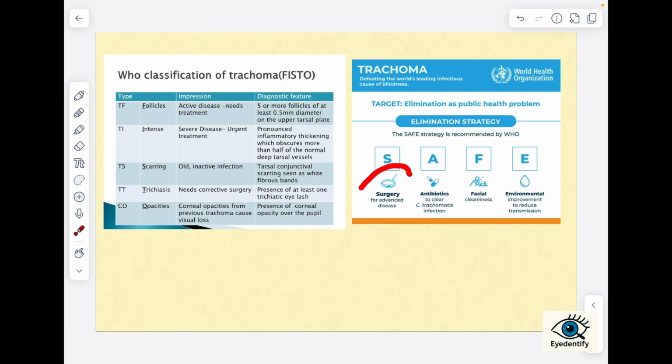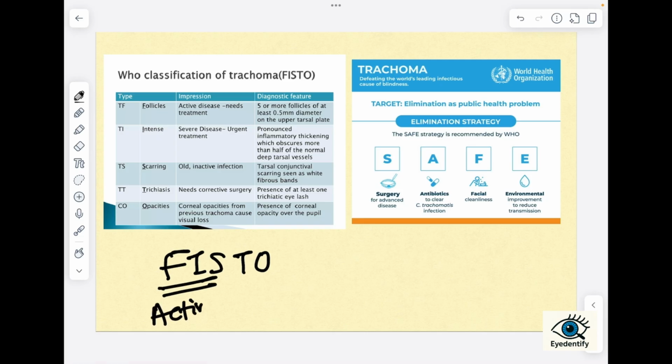S is for surgery for advanced disease like trichiasis. In this FISTO, F and I are active disease, while S, T, O are chronic and scarring disease. Why?